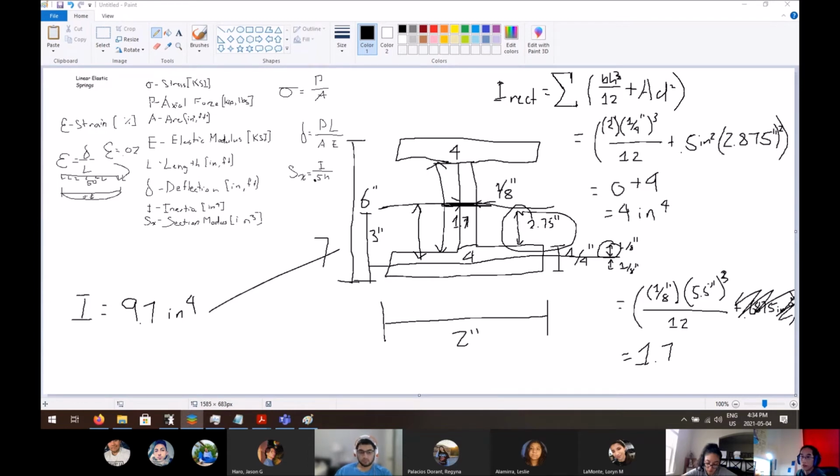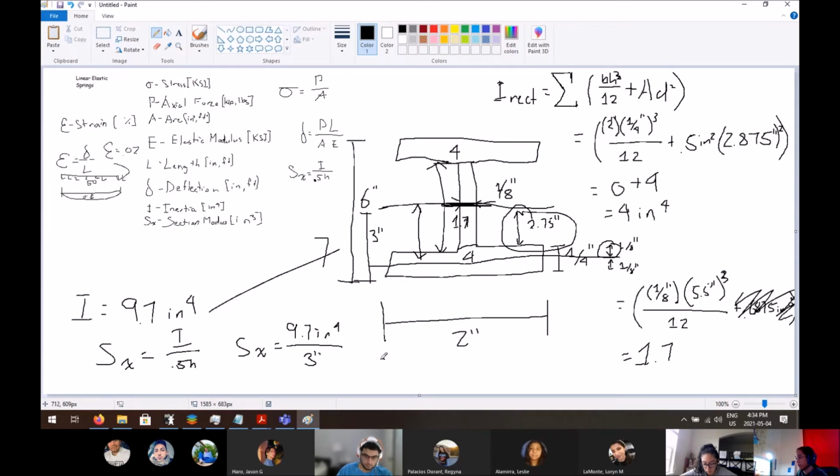We can actually also calculate section modulus real quick, just for fun. Section modulus equals inertia over 0.5h. So the overall height is 6 inches. The section modulus would equal 9.7 inches to the fourth over half of the height, which is 3 inches.